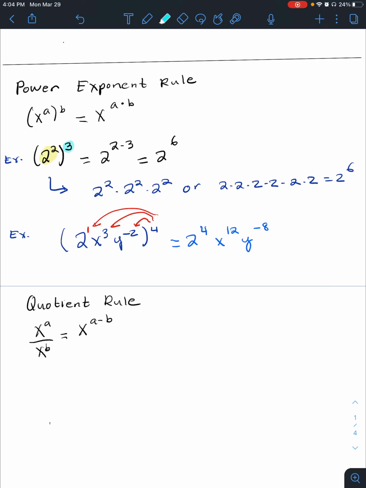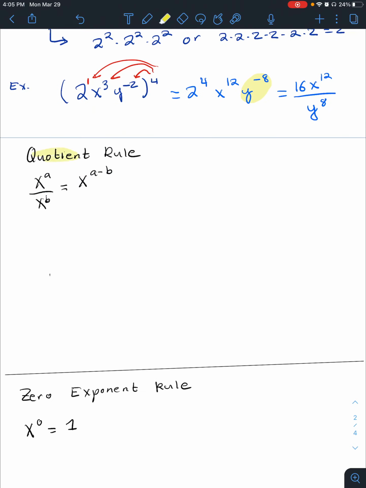To get a sneak peek of the next rule, remember that we usually do not like negative exponents, and we will have to move that to the bottom. So 2 to the power of 4 is 16, x to the 12, and then we'll move y to the power of negative 8 to the denominator, which is y to the 8th. We'll talk more about that when we get to that rule, but that would be your final answer for that.